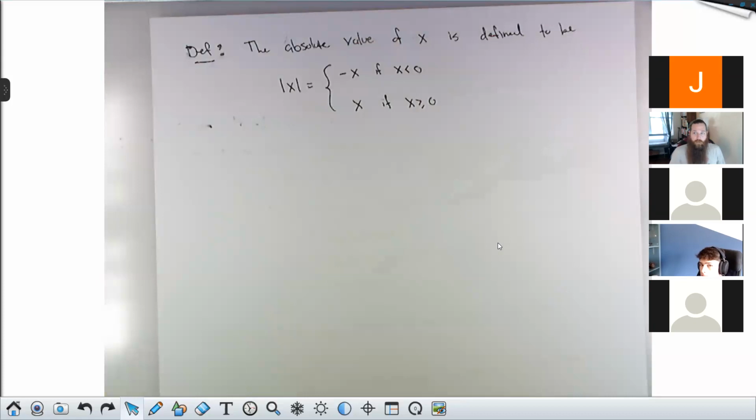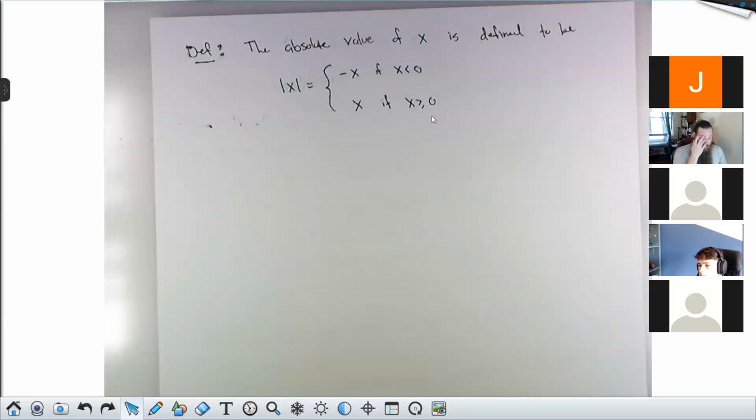You want to take the absolute value of some number? Great. If that number is greater than or equal to 0, leave it alone. It's its own absolute value, like the absolute value of 5 is 5, the absolute value of 7 is 7. If that number is negative, if that number is less than 0, then you're going to multiply by another negative to turn it positive. This is the algebra definition of absolute value.